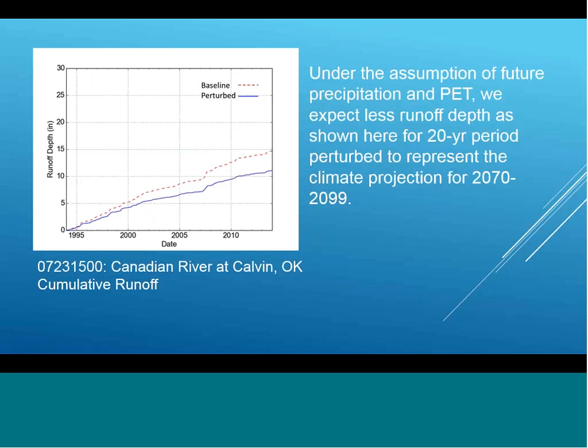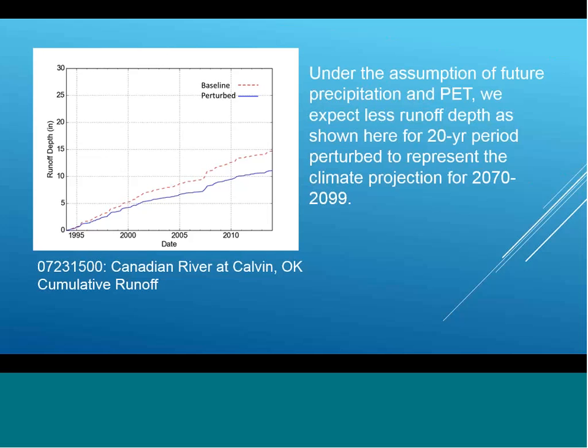If we take that volume that runs past that particular stream gauge and average it over the watershed, this is a typical way of interpreting runoff volume, and it makes it very intuitive compared to precipitation depth.